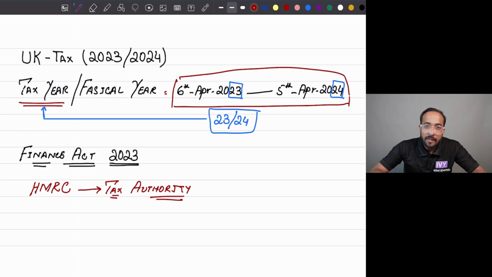The full form of HMRC is Her Majesty Revenue Custom. But I will be using the word HMRC, and in the exam you will also see the word HMRC rather than the full form. I believe that you have learned the basic things which you need to follow throughout the course outline. Let's go for some more basic things.